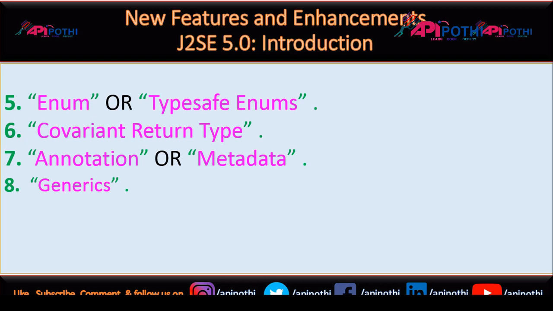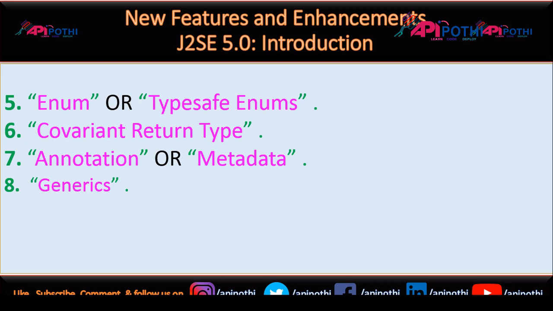Suppose your parent method returns something A, and the child method returns B. Covariant return type means that B, which is available in the child, should be a child type of A. This relationship is called covariant return type.